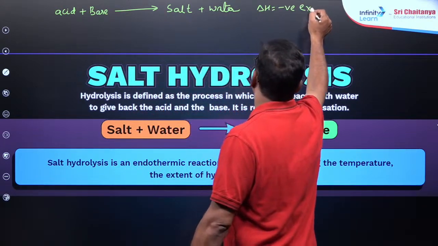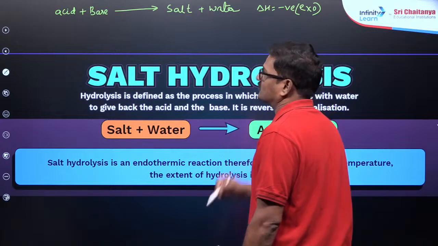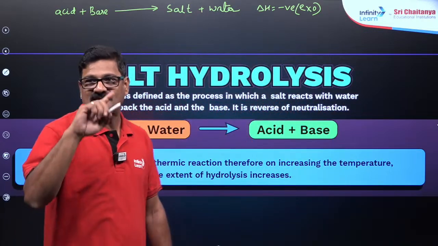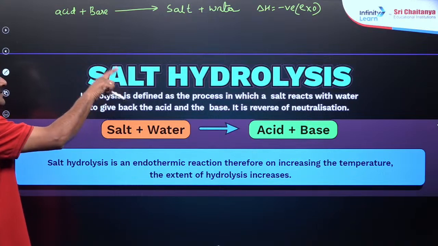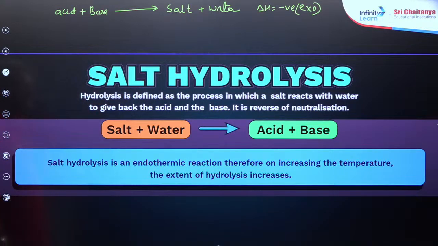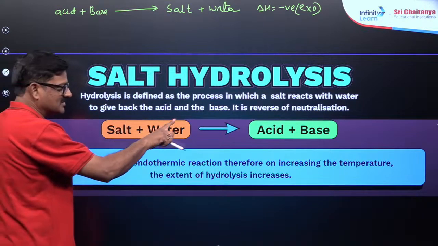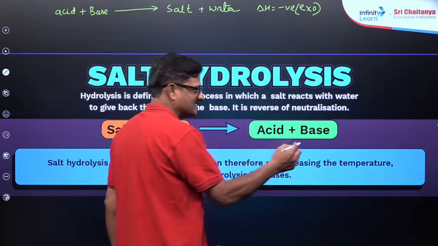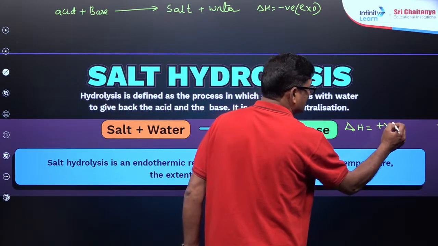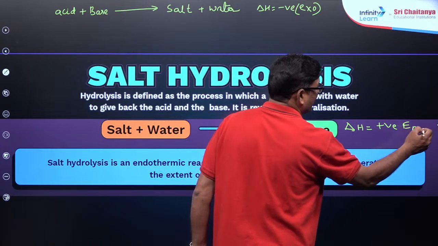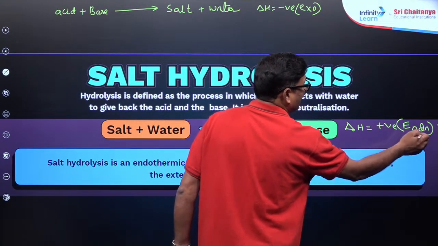It is an exothermic process. And salt hydrolysis is the reverse process of neutralization. So salt reacts with water and gives rise to an acid plus base, and delta H is going to be positive, and it is thermodynamically an endothermic reaction.